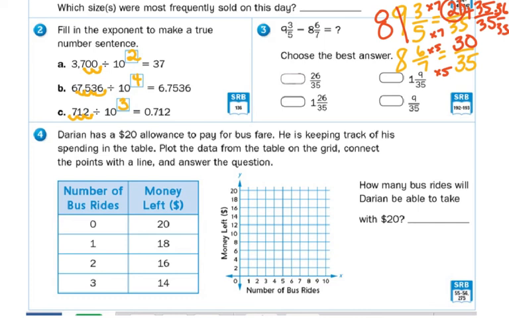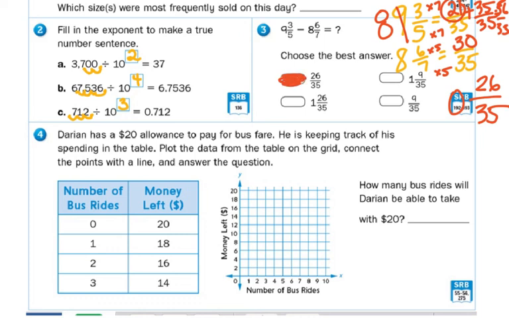So 56 minus 30 is 26. 26/35, and 8 minus 8 is 0, so just 26/35.